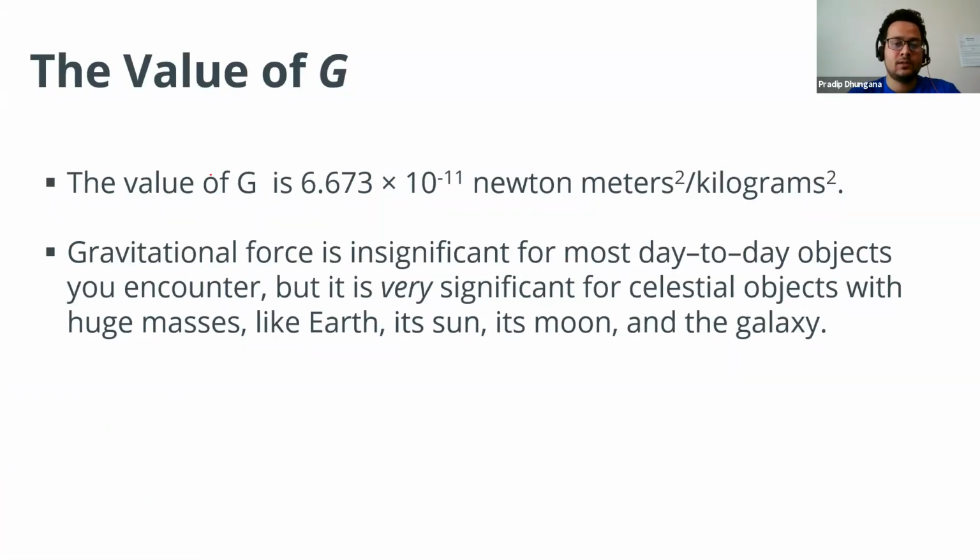The value of G is 6.673 times 10 to the power negative 11 newton meter squared per kilogram squared. In our daily life, we don't experience any gravitational force, but it is very significant for celestial objects with huge masses like the Earth, Sun, Moon, and galaxies.